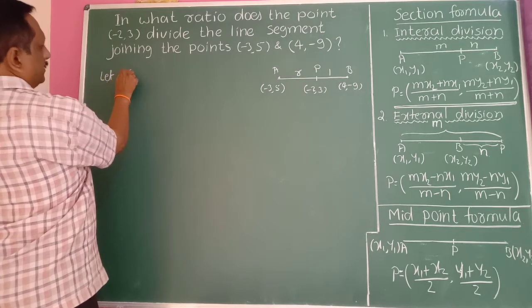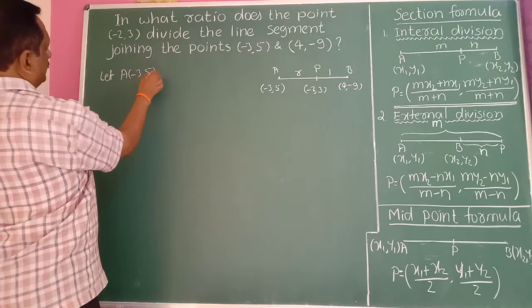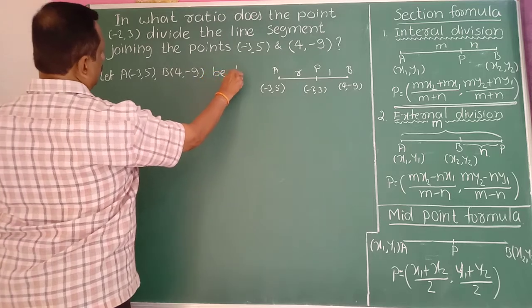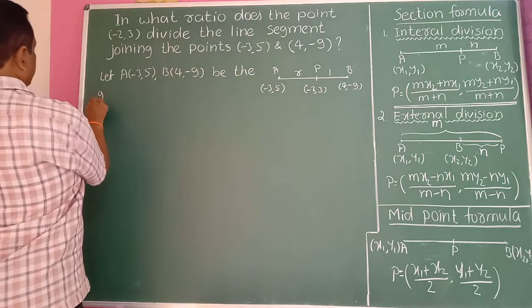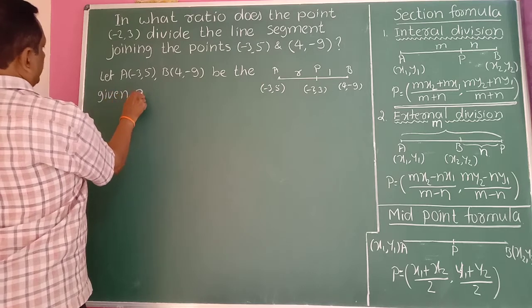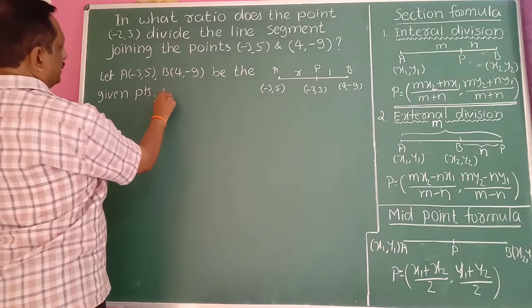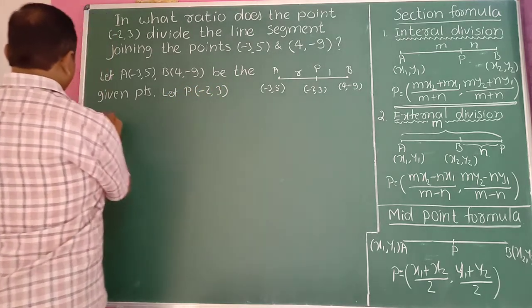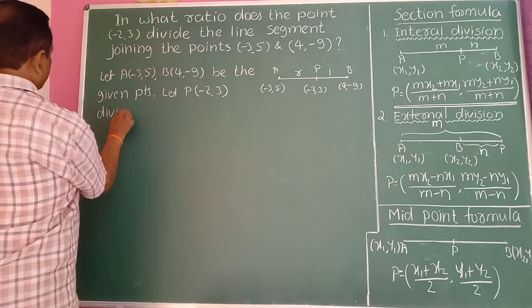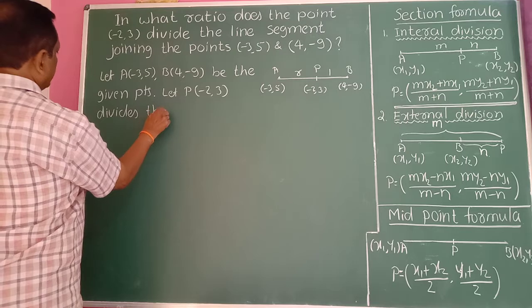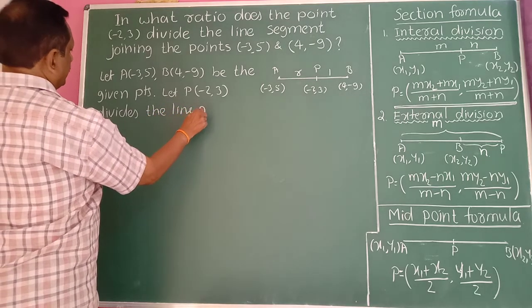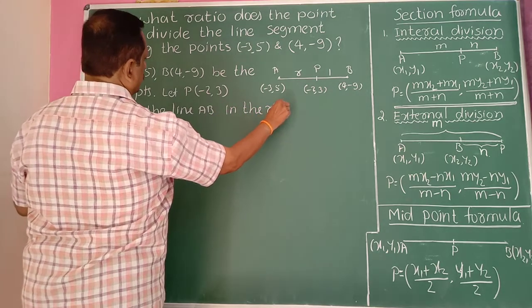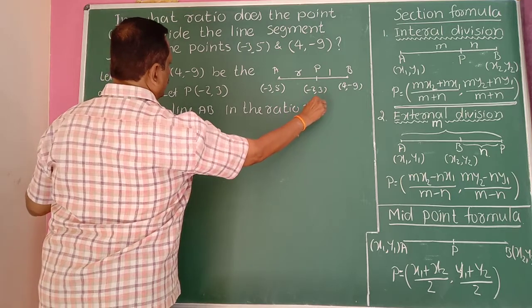Okay, same procedure here. So let A(-3, 5) and B(4, -9) be the given points here. Later, the point P(-2, 3) divides the line AB in the ratio r is to 1 here.